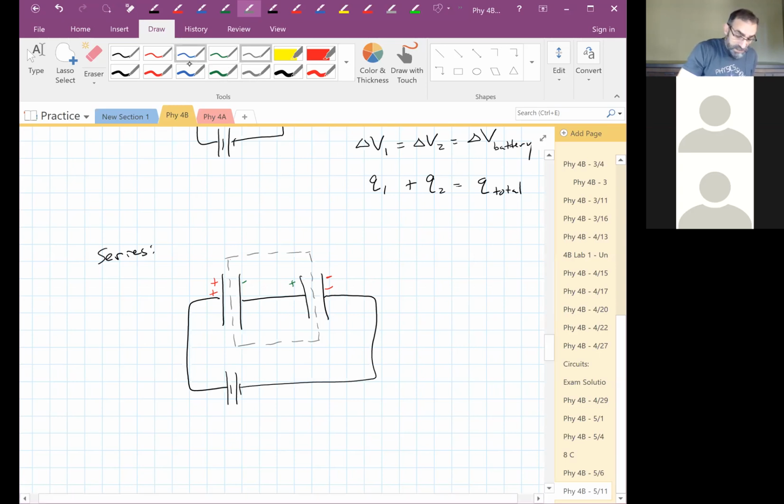And these guys are just redistributing. And so we get another minus and plus. And we keep doing that. The battery moves a couple of more charges over, and internally here, a couple of more charges shift.